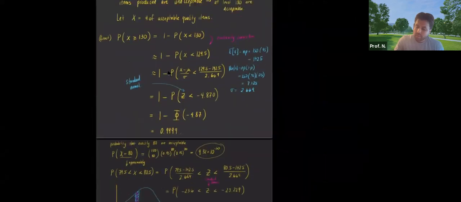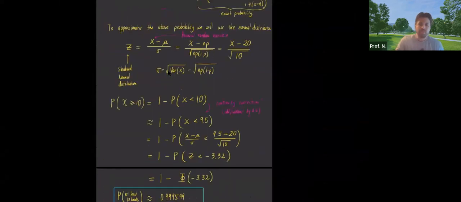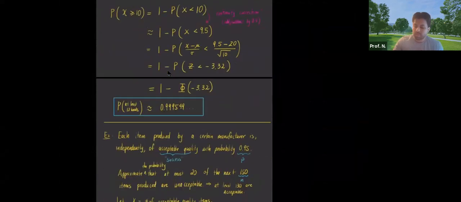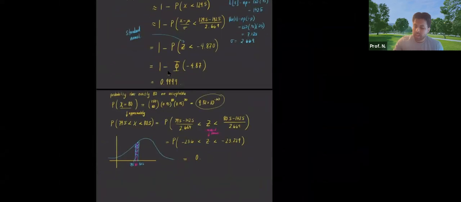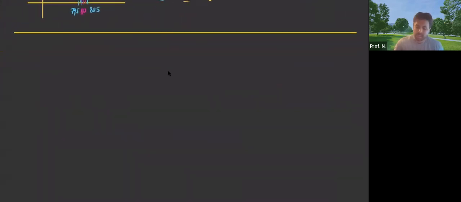Okay, so we've discussed how we can approximate the binomial distribution utilizing the normal distribution. And we'll come back to the normal distribution, particularly when we talk about the central limit theorem, which is probably the cornerstone of a class in probability. The central limit theorem is the grand gem.